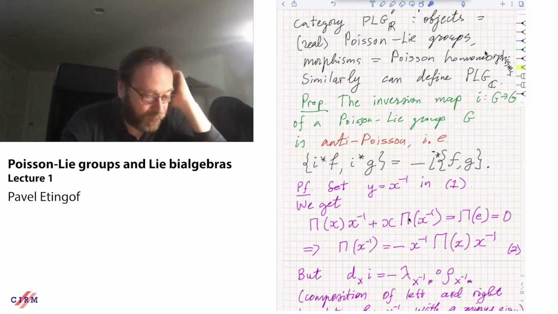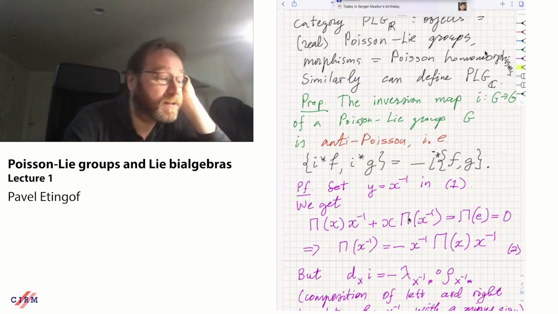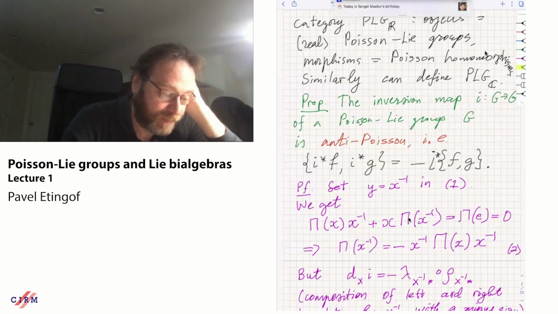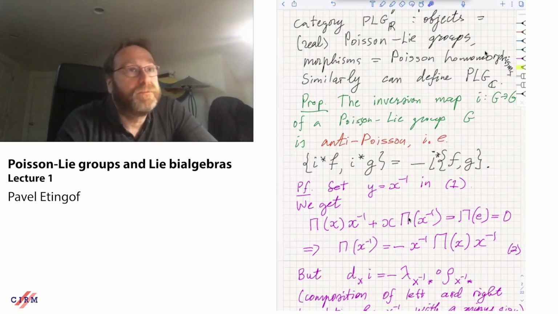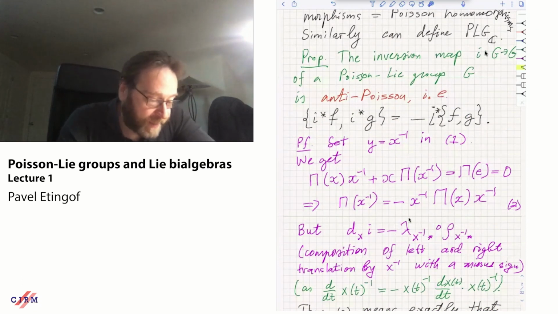So then we can solve this for pi of x inverse, and we obtain that pi of x inverse is equal to minus x inverse times pi of x times x inverse. And so this is exactly the statement that the Poisson bracket is anti-invariant with respect to this map.